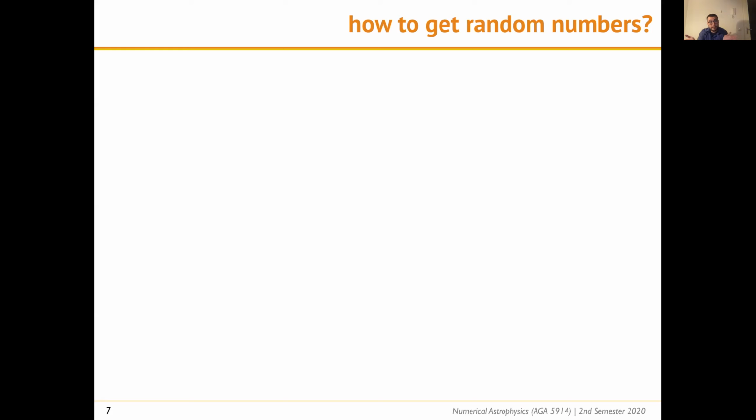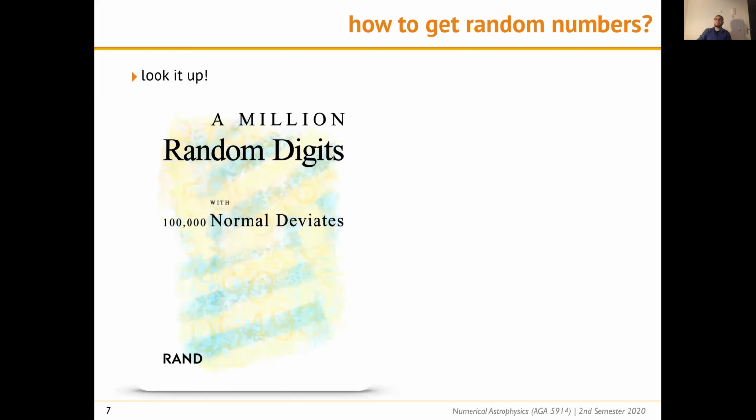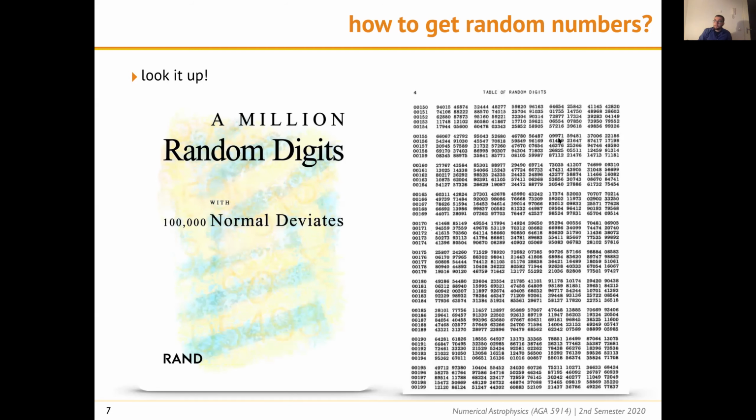You could look them up. There were huge books with millions of random numbers. One page of this book looks like this. These numbers were randomly generated and printed in a book. Nowadays we can just take them from the computer, but at that time this was not available. So this is one way to get random numbers: from a book. Not very convenient, but useful in the past.